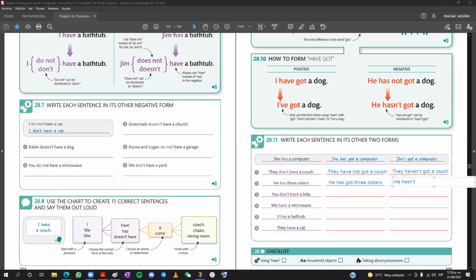Pues es la misma forma, pero contractada, ¿verdad? Ah, perdón, aquí no es negativo, aquí es nomás contractado. Quedaría igual aquí porque no se puede hacer una contracción del has en tercera persona. No, de hecho la dejan igual. He's got, sí, entonces es correcto. He's got three sisters. Ok, sí, estabas bien, muy bien.